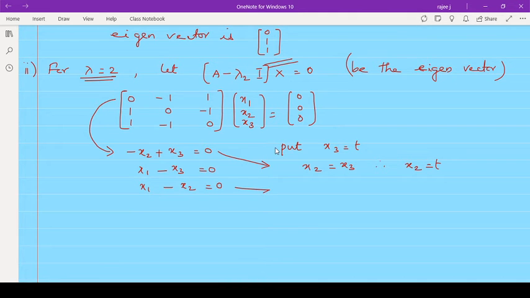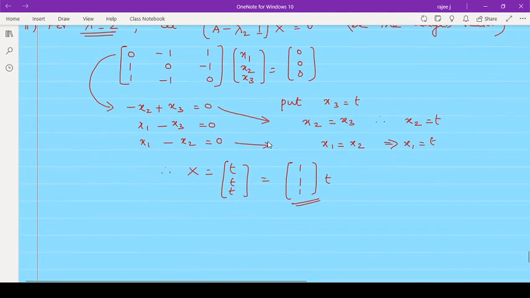Similarly, from here x1 equal to x2, that means x1 is also t. Therefore the vector x is x1, x2, x3, meaning t, t, t, or 1, 1, 1 times t, and the corresponding eigenvector is 1, 1 and 1.